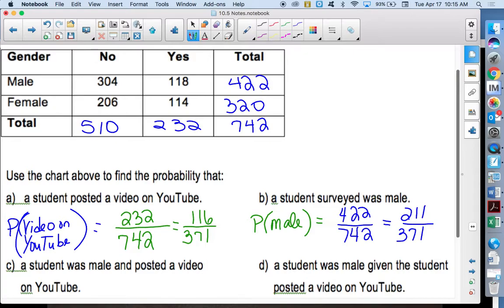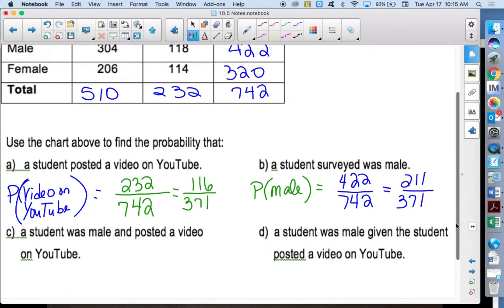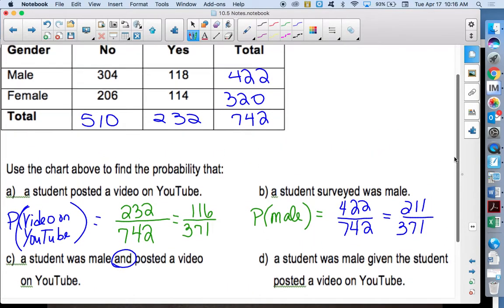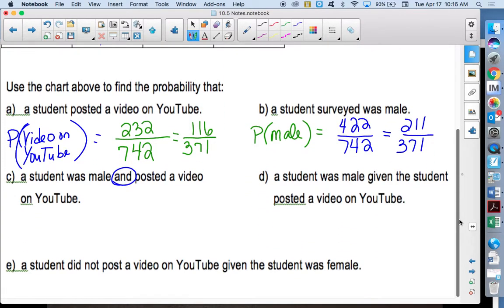211. Okay, looking at the third part, it says the student was male and posted a video on YouTube. Part C says find the probability that the student was male and they posted a video on YouTube.